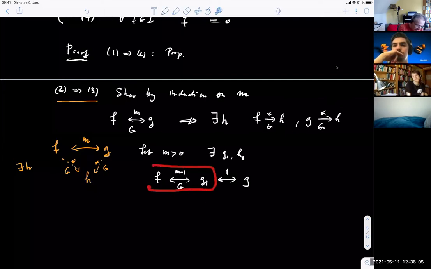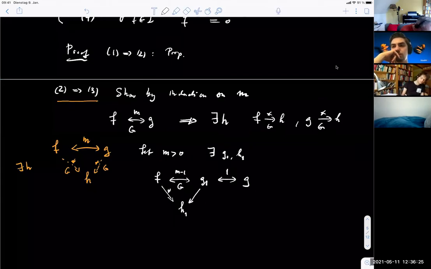Now the good thing is, I apply the induction hypothesis to that. I'm here and I find a common reduction. I find there is some H1 such that I can complete this triangle, if you want.